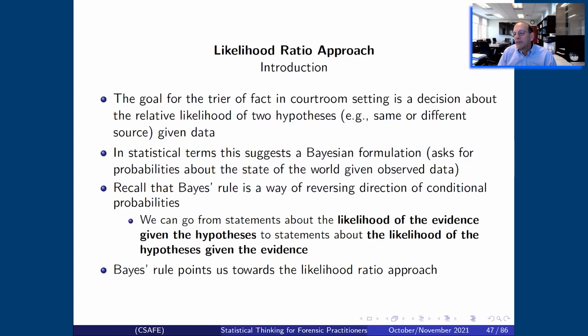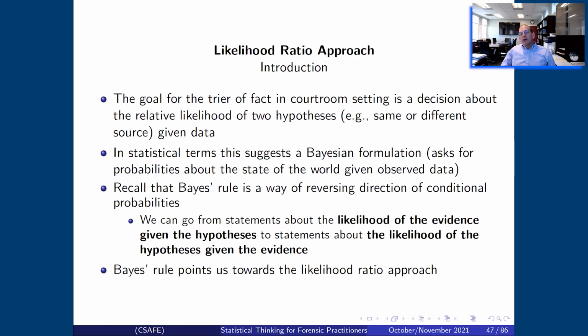But for our conversations, we'll be talking about same or different source as being the two hypotheses. To many people, not all, but to me and others, this suggests thinking about things in what one might call a Bayesian way, for those who are here for the first week.